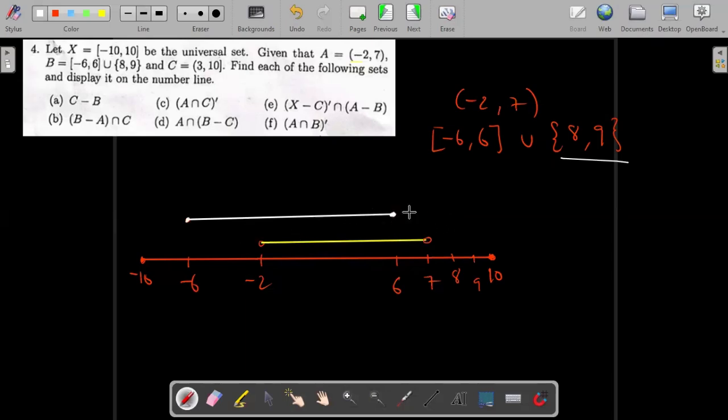So this is the set B, and also the points 8 and 9. The numbers in between 8 and 9 are not part of the set B, but only the numbers 8 and 9 are in the set B.